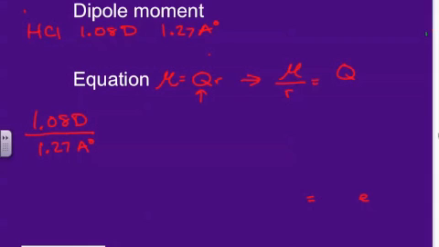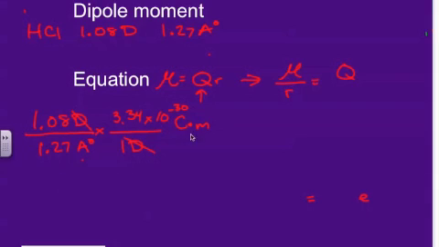So I first want to get rid of D's. Again, 1 D is 3.34 times 10 to the negative 30th coulomb meters. That was a conversion factor that I showed you earlier. So D's and D's cancel out.